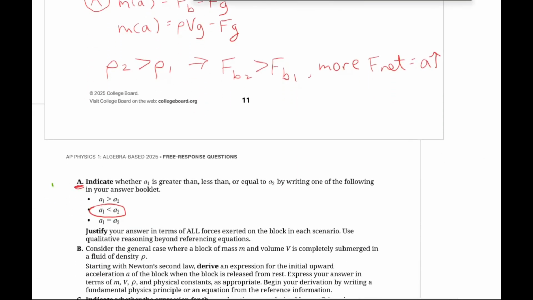It says indicate whether a1 is greater than, less than, or equal to a2 by writing one of the following in your answer booklet. So I have a2 is greater than a1. Justify your answers in terms of all forces exerted on the block, and use qualitative reasoning beyond referencing equations.